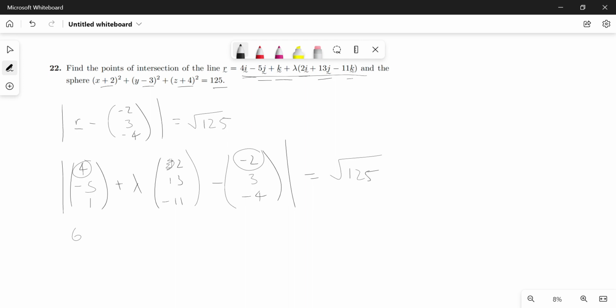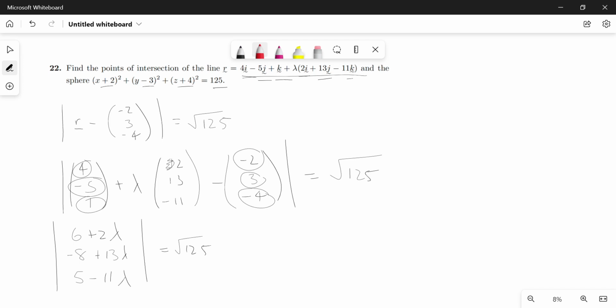So we've got a 4 plus a 2 is a 6, plus 2 lambda. And then looking at the y's, we've got a -5 minus 3, so a -8, plus 13 lambda, and then a 1, so plus a 4, 5 minus 11 lambda. So the distance when we put that together has to be root 125.